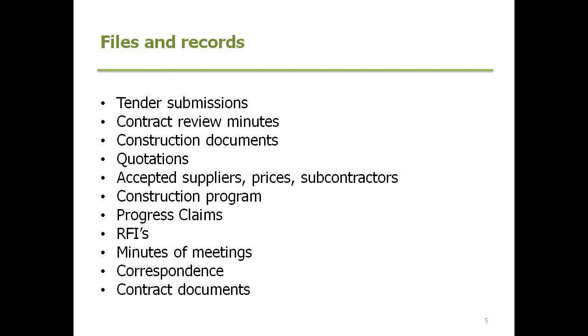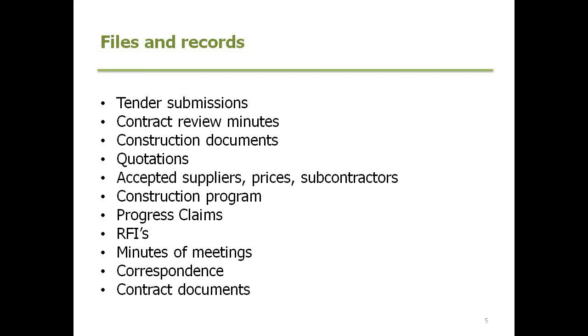So maintaining your files and records becomes an extremely important part of the post-contract administration process. I've listed a few of the obvious ones on this slide: the tender submissions, accepted supplies, prices, subcontracts, progress claims, RFIs, and so forth.